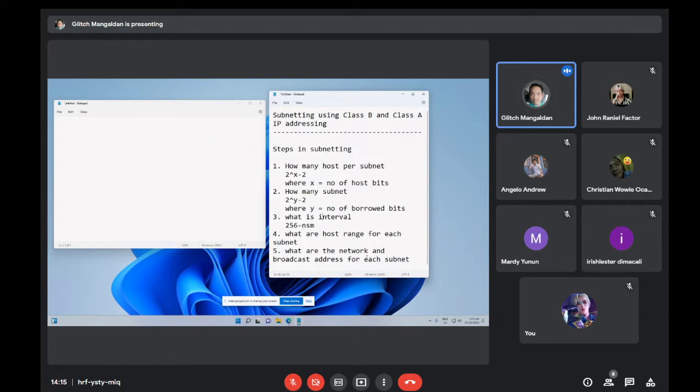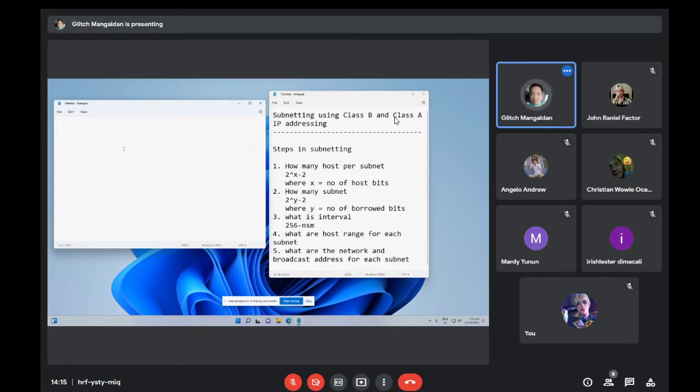Since we were going to discuss subnetting using Class B and Class A IP addressing, let's first have a recap on how to compute the subnet if you are using Class C. Remember, Class C is the one with the fewest hosts. So I'm going to give an example, and then you're going to answer.